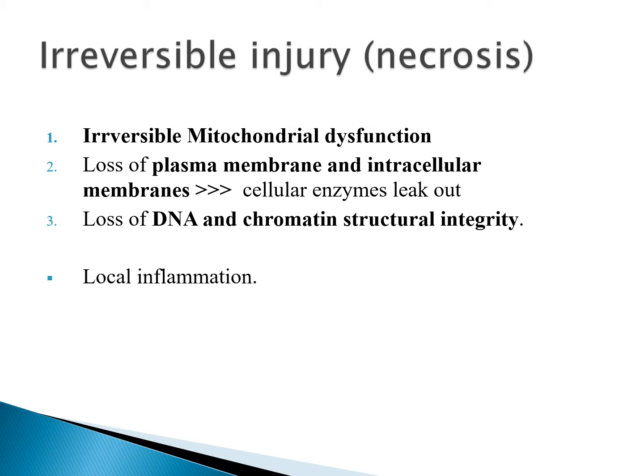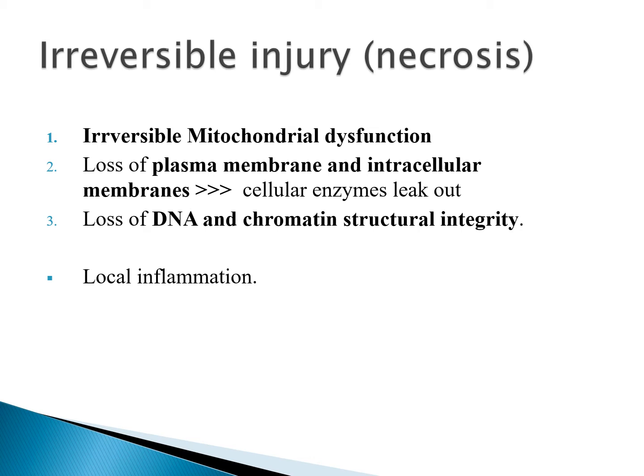So the enzymes will leak into the cell and out of the cell, and this will lead to cellular loss. Also, one of the ultrastructural changes in irreversible injury is loss of the DNA and the chromatin integrity، بحيث إنه ال DNA material is lost, it disappears، فبالتالي مستحيل, it's impossible for the cell to get back to normal.